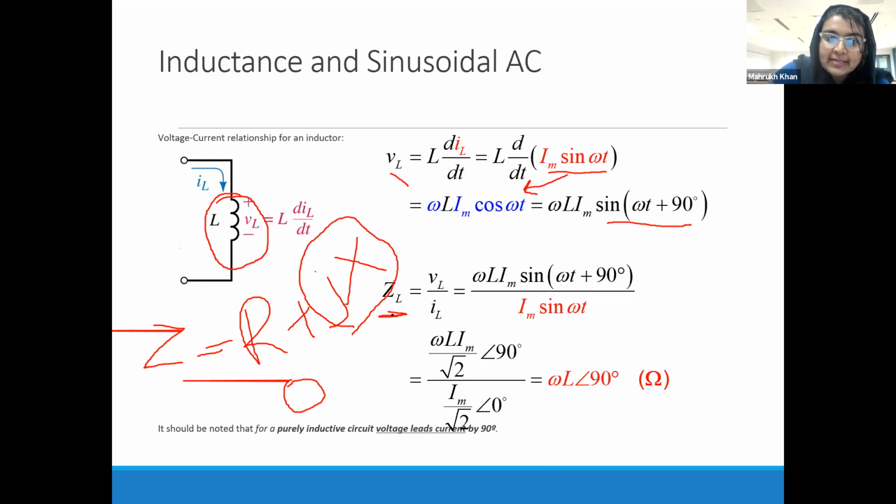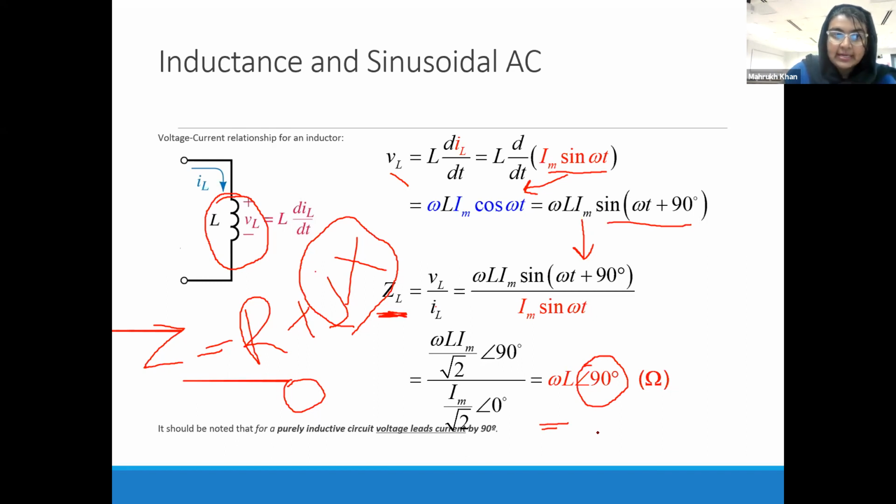So if you find ZL, that is impedance, ZL will be VL by IL. You replace this value, VL divided by IL, and still you will have this 90 degree phase difference. Now the question arises: how do you say this 90 degree phase difference is j, right?